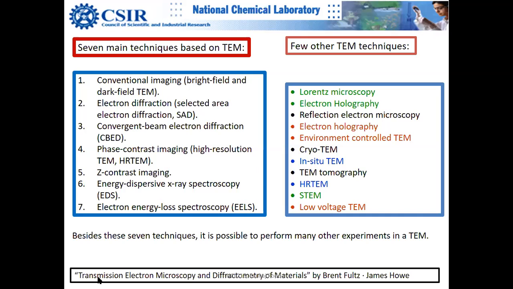Conventional imaging techniques, there are two. Most of the time, what you call a regular TEM image is actually the bright field image. If you see any TEM image where you see some particles, you can assume that it is most likely bright field.